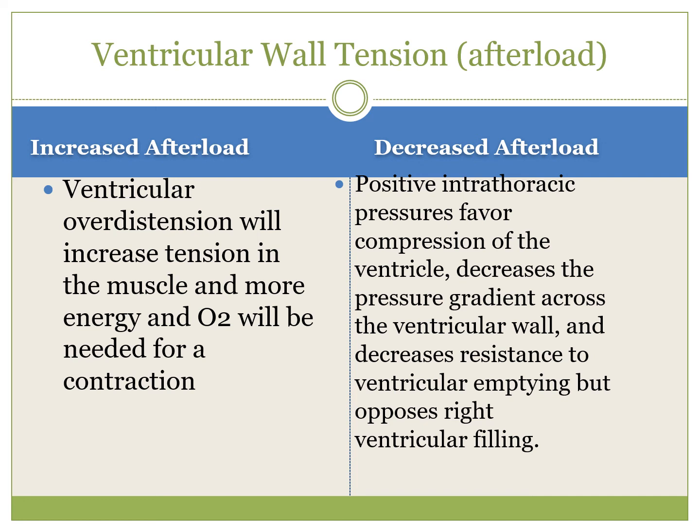Okay, so you have to look at preload and afterload; they work opposite of each other. That negative pressure can increase the preload, but it makes it harder to push all that extra blood out for the afterload.